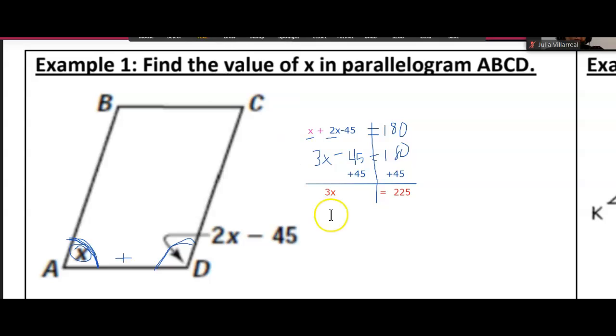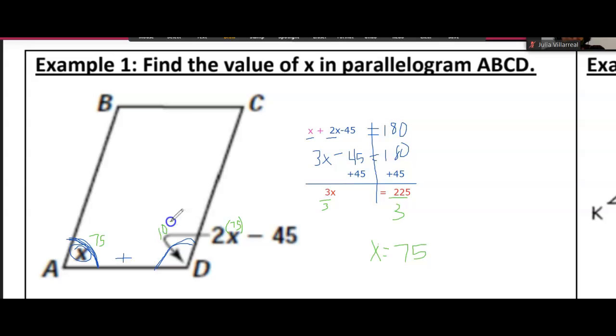Okay, so you should have gotten 3x equals 225, and now we just divide by 3, and see what you get. So then x equals 75, so this angle is 75 degrees, and this angle is 2 times 75 minus 45. So what's that? Okay, you should have gotten 105.